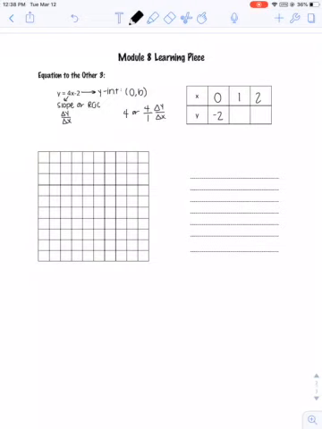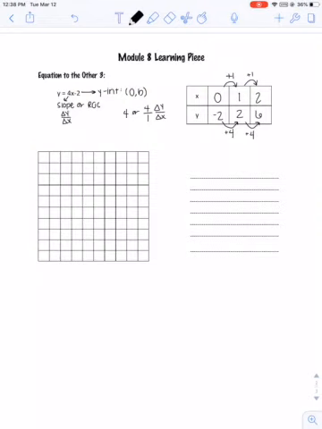So when I go from -2 to the next little bump here, because I did +1 as my change in x, I need to add 4. So that's going to make that a +2. And then again, +1, +4, 2, 6 is our next point. So that's going from equation to table.